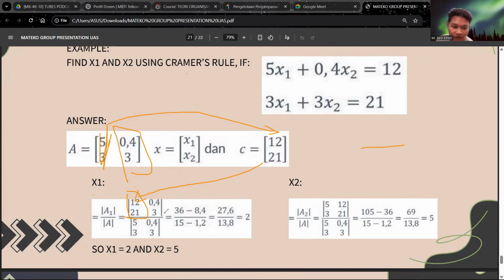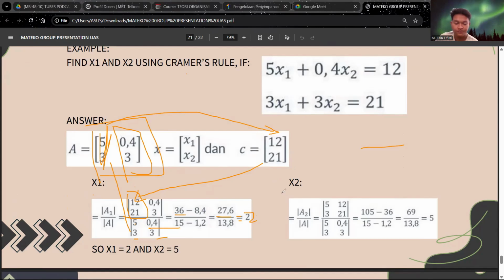Then we divide by the determinant, which is 5, 0.4, 3, 3, like from here. Then we have 36 minus 8.4, 15 minus 1.2, and the result is 27.6 and 13.8. Then we divide, and the result is 2.